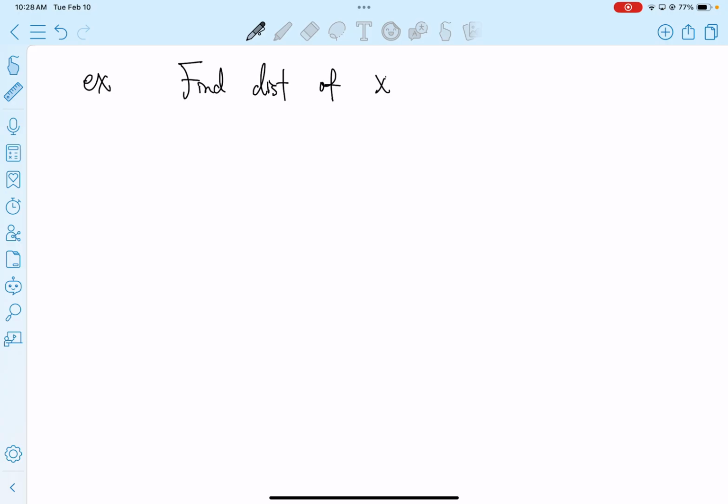Okay, so here let's call it x bar, and x bar is defined as the average. So the sum from 1 to n of xi, where xi follows the normal with mean mu and variance sigma squared.